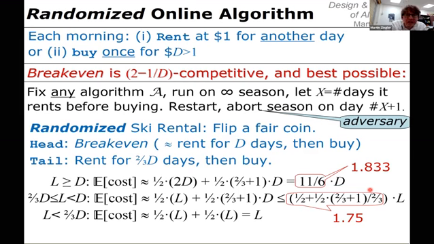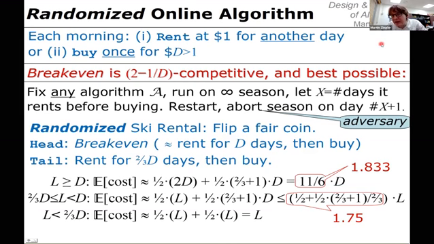So to summarize, the randomized ski rental algorithm has a competitive ratio of 1.833. Sorry, yes, 1.833333. This dominates this one, so this is going to determine the competitive ratio.